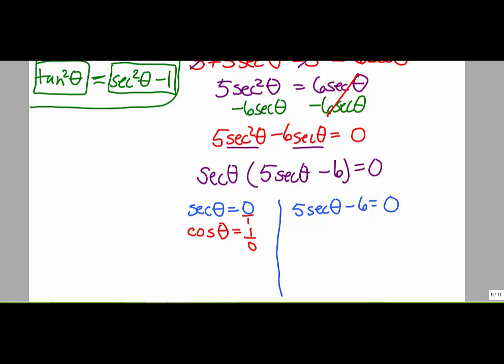If we think back to the domain and range for secant, what are the allowed output values? Or in other words, the range for secant. Well, those output values go from negative infinity to minus 1, and then from 1 to positive infinity.